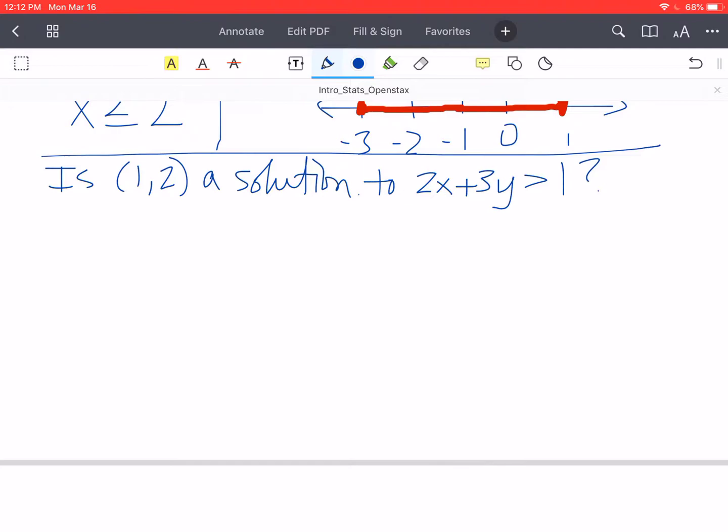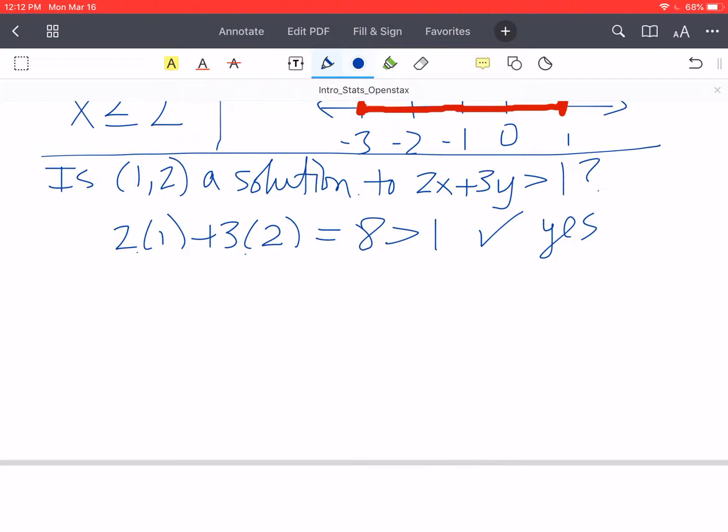If we want to know if this is a solution, we're just going to substitute the point (1, 2) in. We get 2 times 1 plus 3 times 2, which is 2 plus 6, which is 8. And this is, in fact, greater than 1. So yes, it is a solution to this inequality.